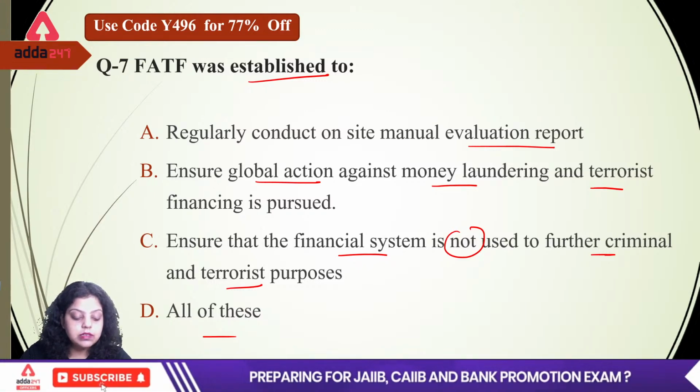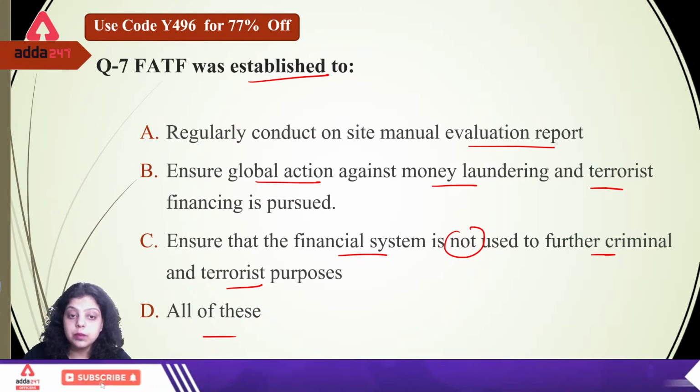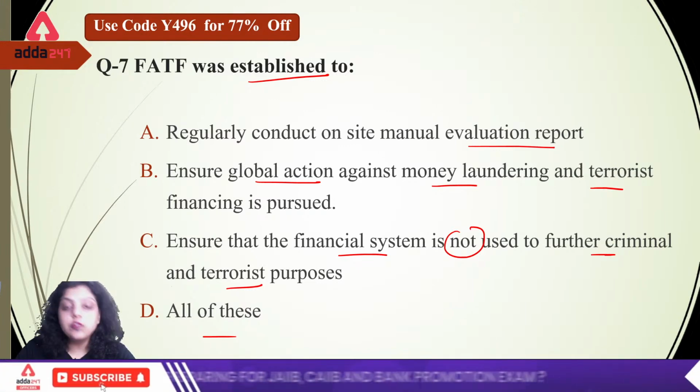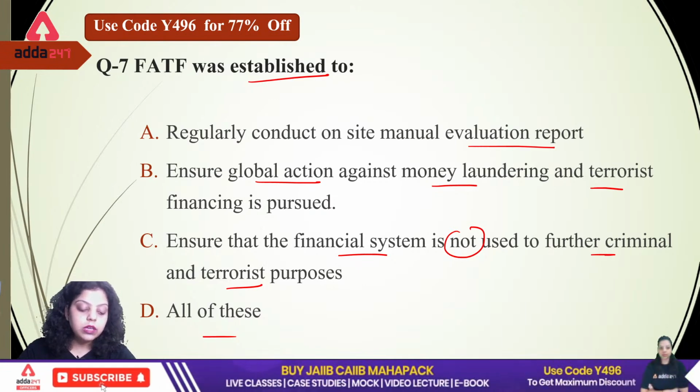FATF, the Financial Action Task Force, gives us certain regulations, norms, policies and strategies to control money laundering and terrorism financing. FATF also gives us two types of lists, the grey list and the black list.